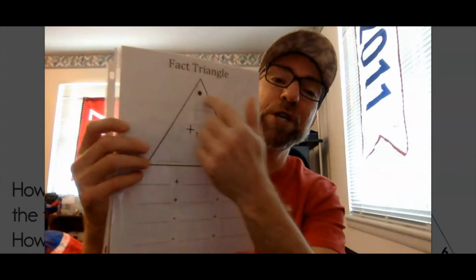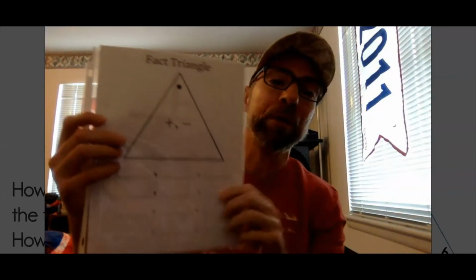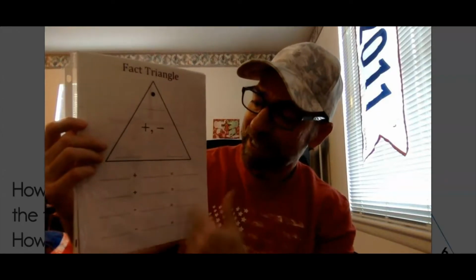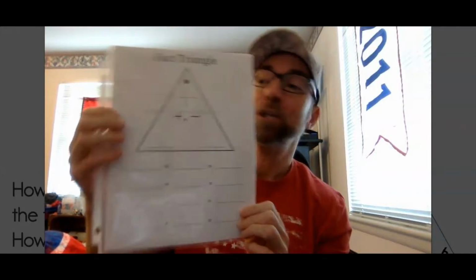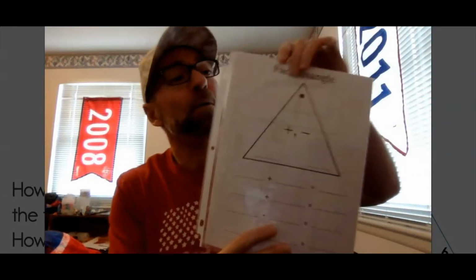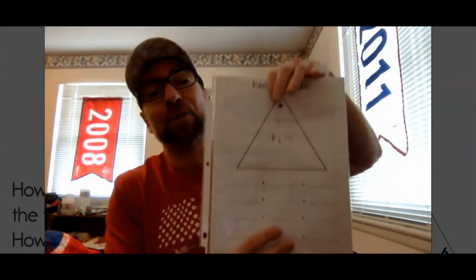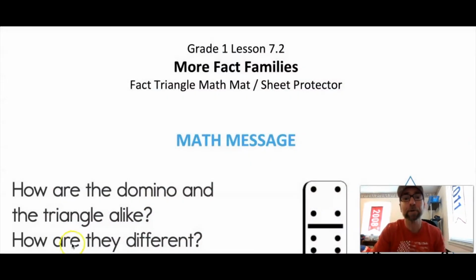It has a really big triangle on the cover, and there are addition and subtraction problems that go with it. So once you find your fact triangle, place that inside your sheet protector, and you are going to be all ready to go because I am going to shrink myself into the corner.